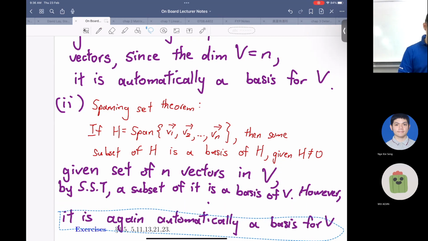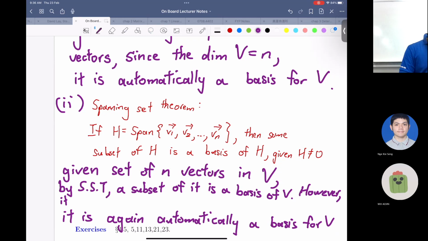Otherwise, the dimension will be less than n.